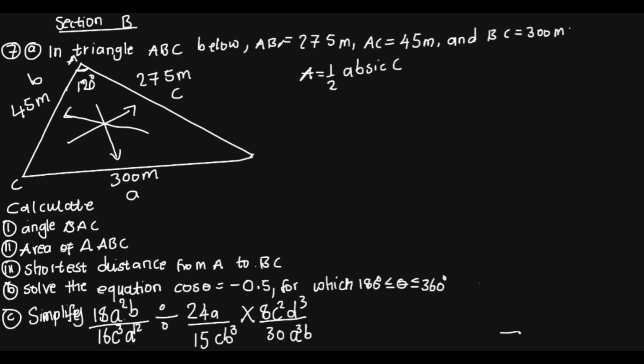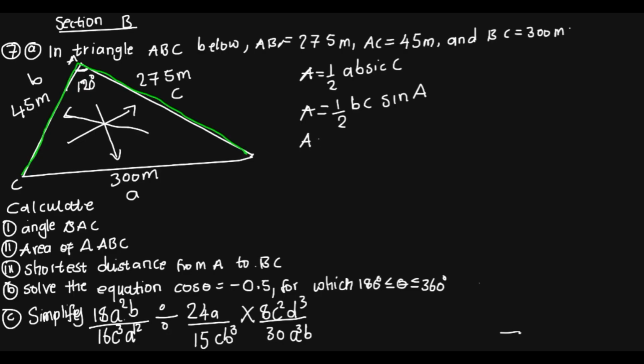We are going to use the distances for b and c, since b and c are the ones forming the given angle. So our formula is area is equal to half bc sin A. So bc indicates the two distances, then A indicates the angle.